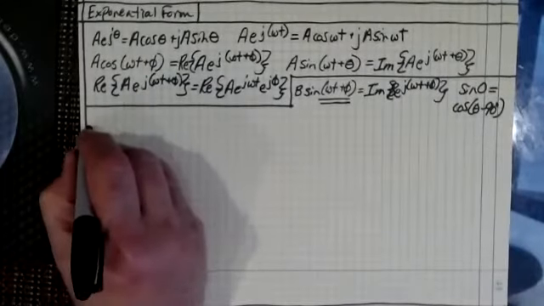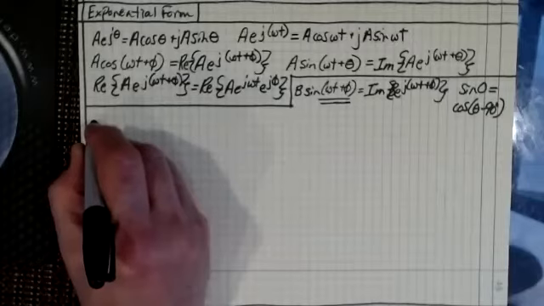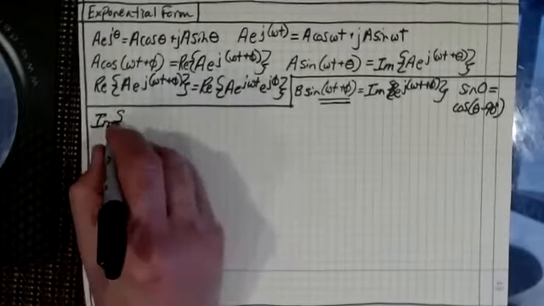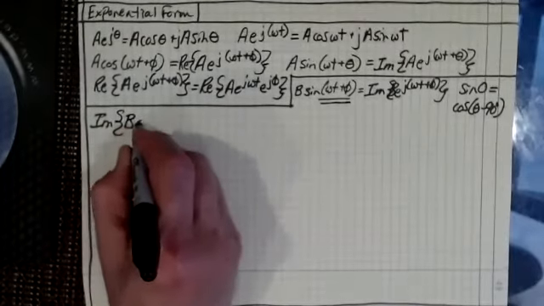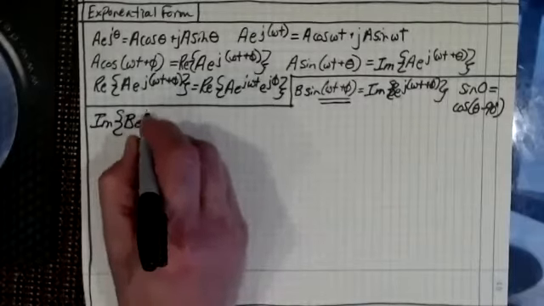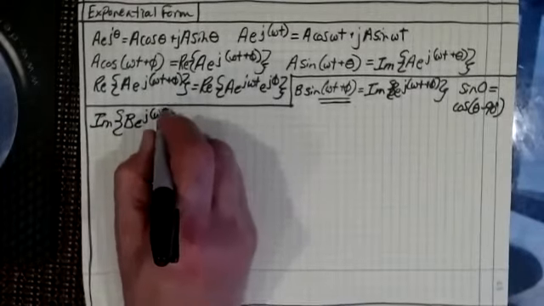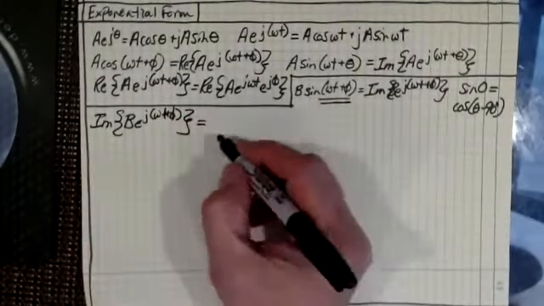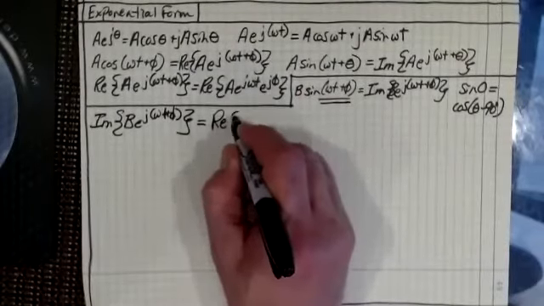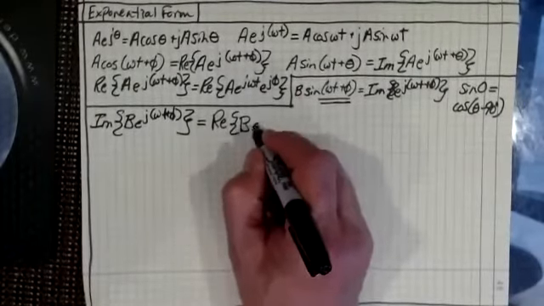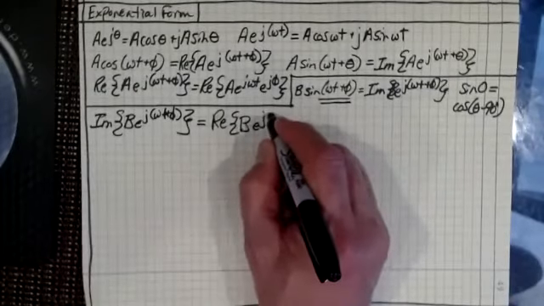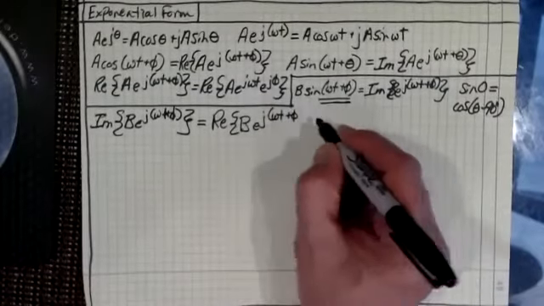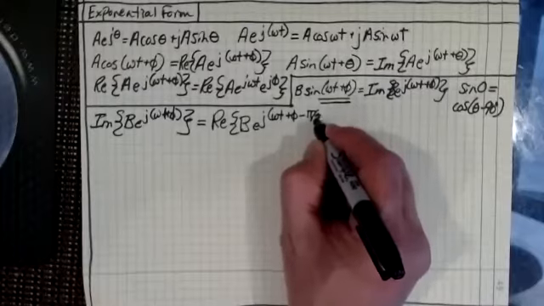So I end up having, I'll just write it out here, the imaginary of B times e to the j omega t plus phi equals the real of B times e to the j omega t plus phi minus pi over 2, right?